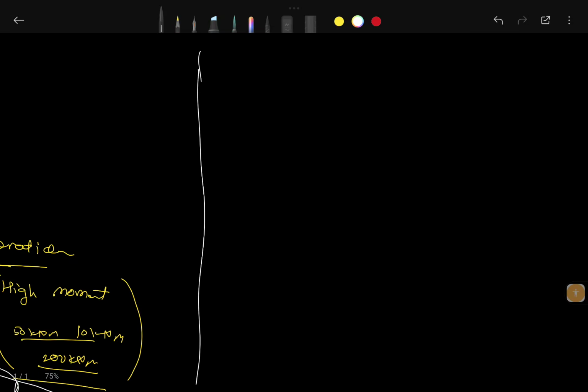Now we see how we deal with such problems. Now we take an example with respect to the IS code, then we can understand how we design this base plate. Okay, so let's begin.